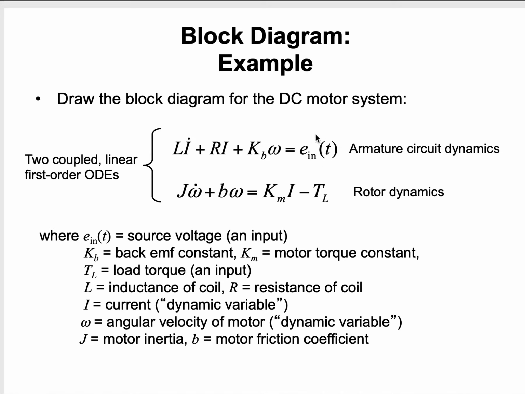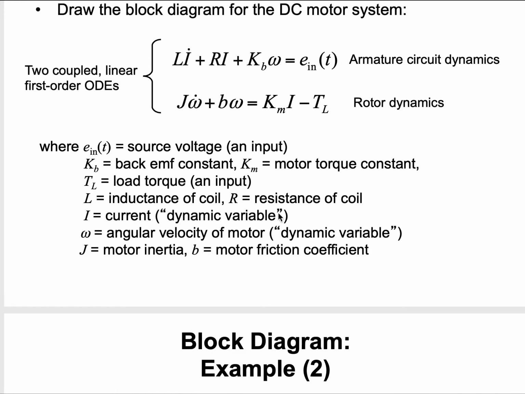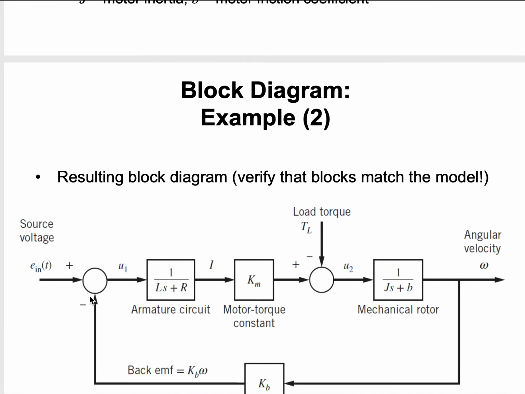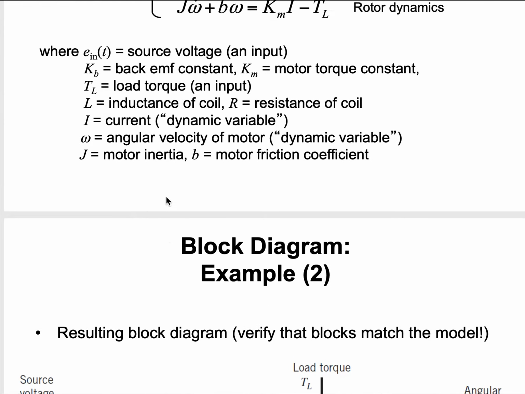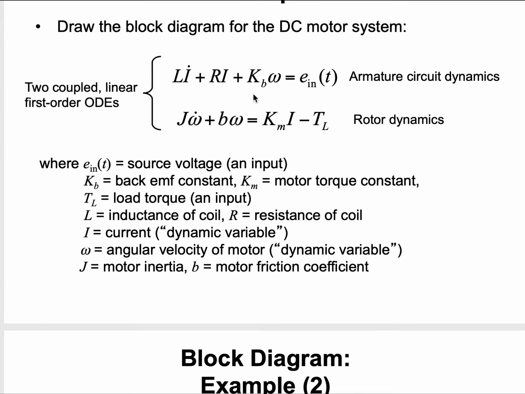First, I supply a voltage, as shown here. That voltage supplied acts on the armature circuit dynamics. What is the input to my armature circuit? The En plus, remember that's the back EMF, electromotive force.